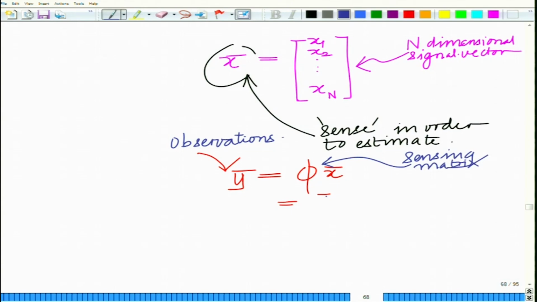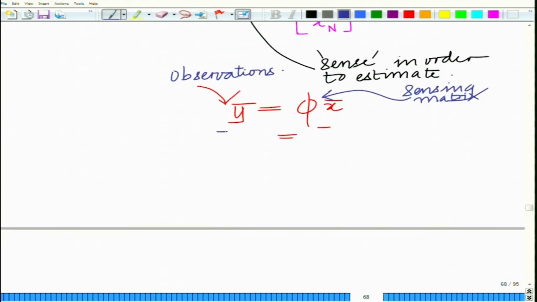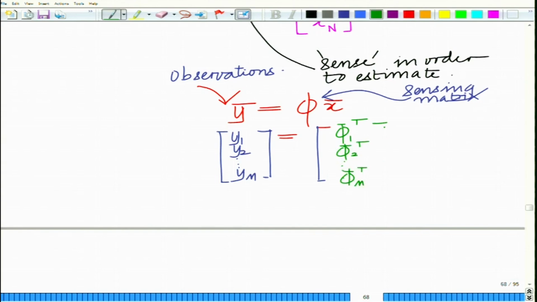And this can be written as, let us say we are making m observations. So we have y1, y2, ym, equal to phi 1 bar transpose, phi 2 bar transpose, so on, phi m bar transpose, times x bar.